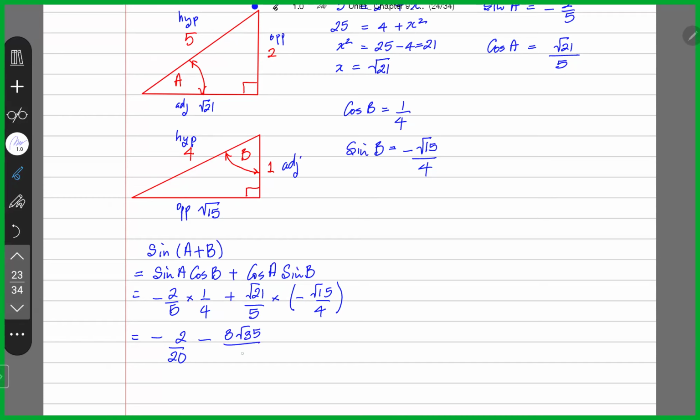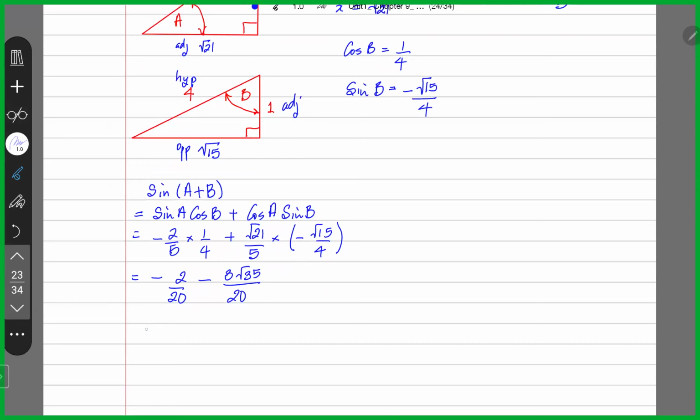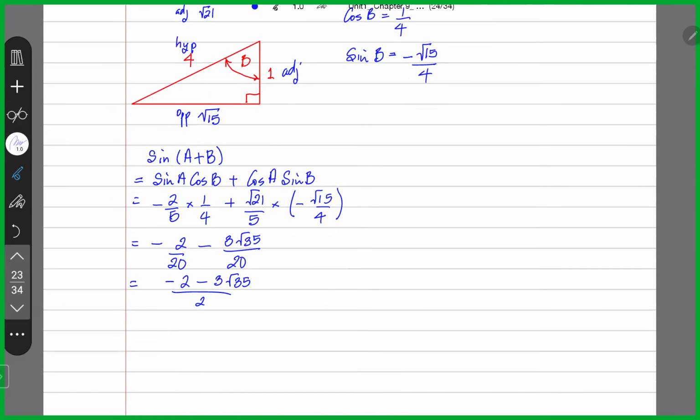And this is all over 20. Let's make this into one fraction. This is minus 2 minus 3 root 35 all over 20. We can factor out the negative and say it is minus 2 plus 3 root 35 over 20.